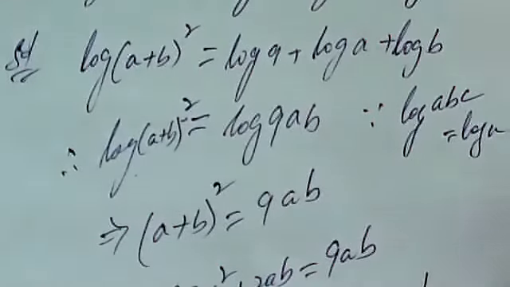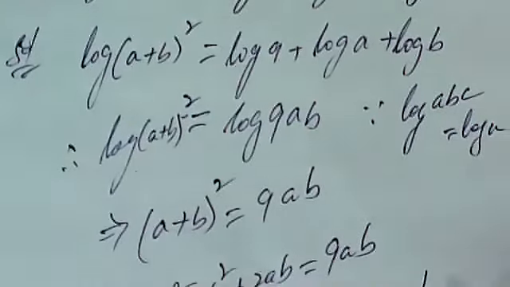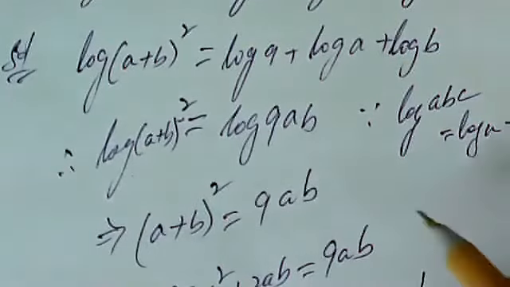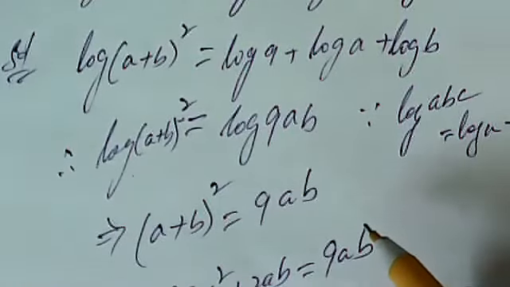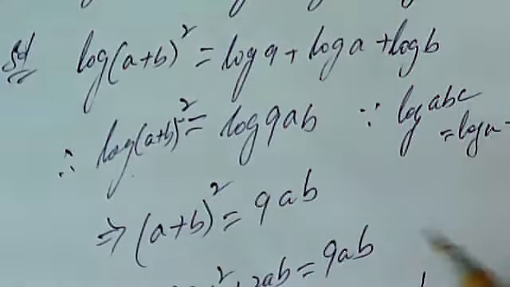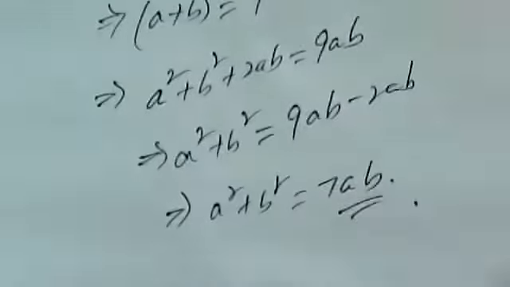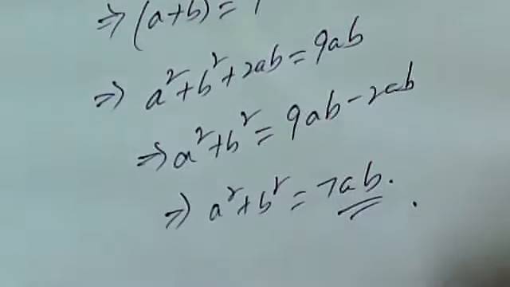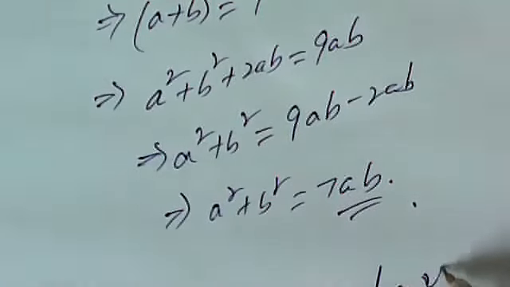You may be confused about how the log has been cancelled. For that, remember the rule: if log of x to base b is equal to log of y to base b, where the bases are the same, then x equals y.